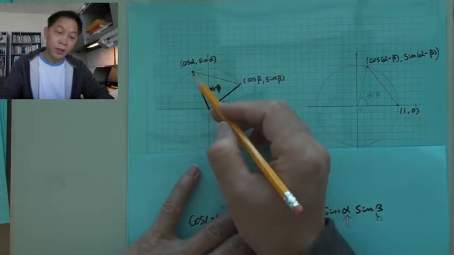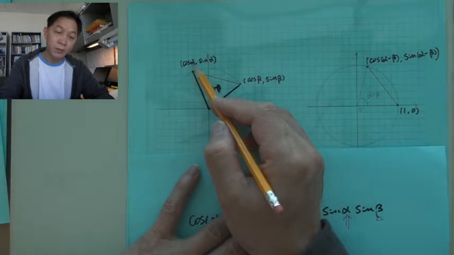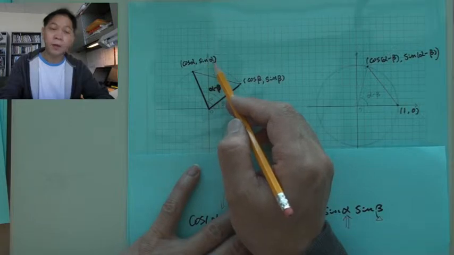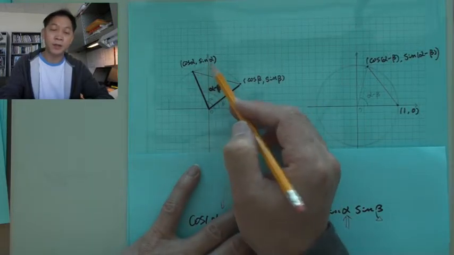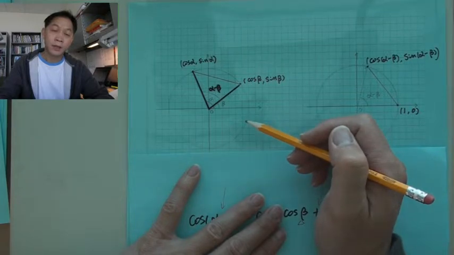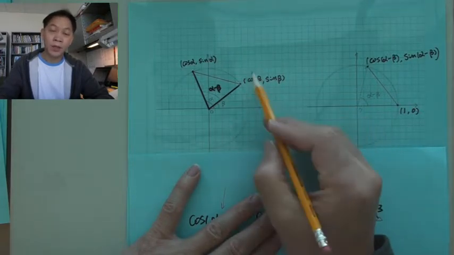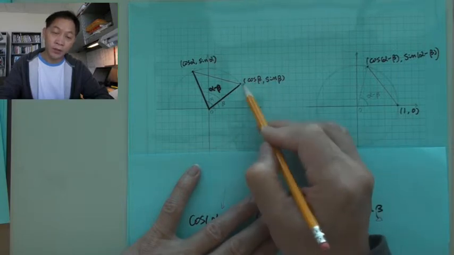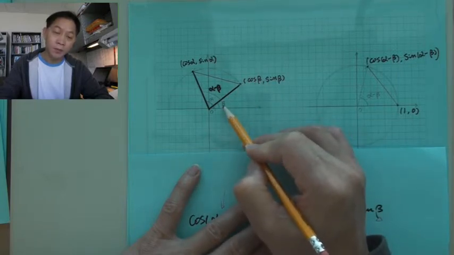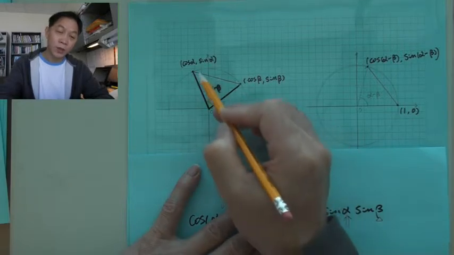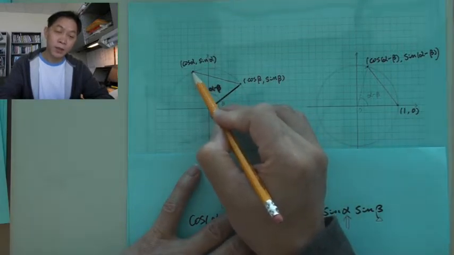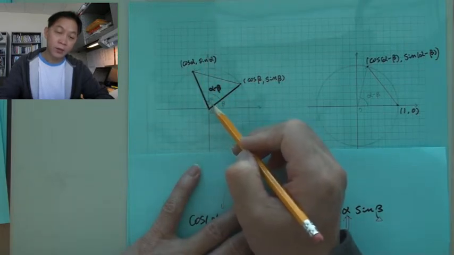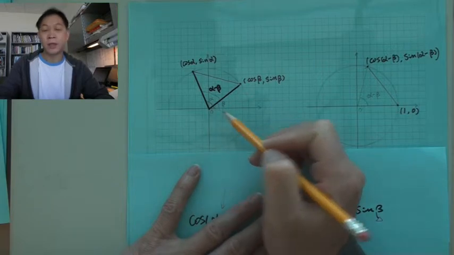Then again, the x-coordinate is cosine alpha, and the y-coordinate is sine alpha. Y is always sine. So we have the xy coordinate for this point with angle beta, and the xy coordinate for this point when the angle is alpha.